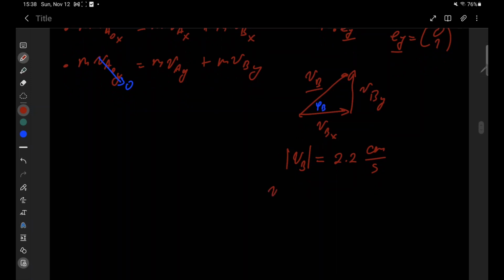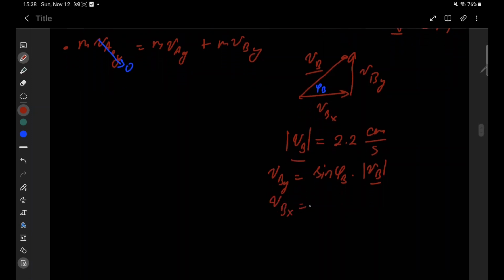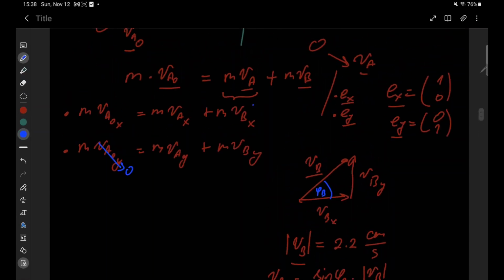We know that now VBY will be just sine phi B times the value of VB, and we know that VBX is cosine phi B times the value of VB. Meaning, all of this we know. By the way, now that we have the masses, we can just divide by masses and they will disappear.